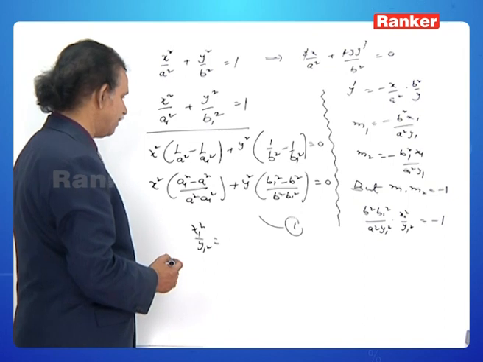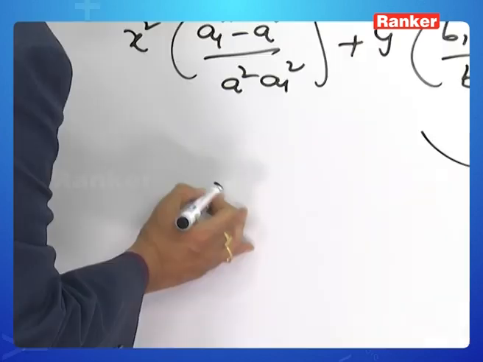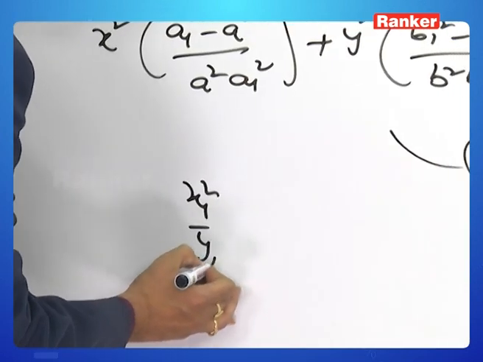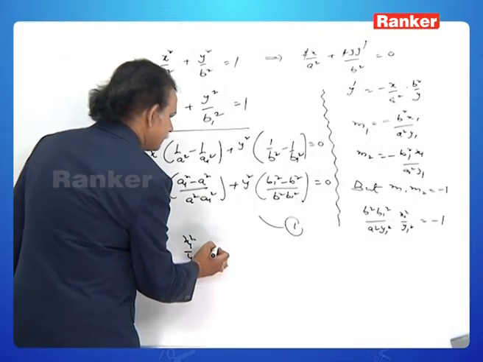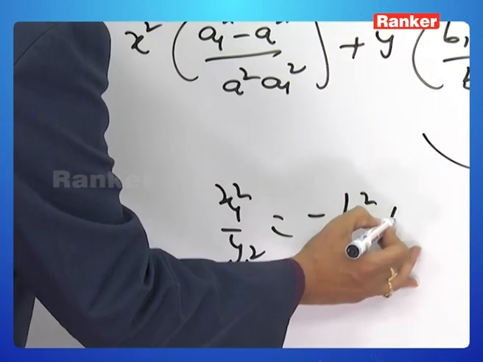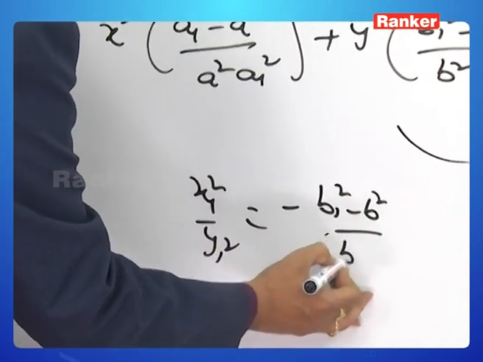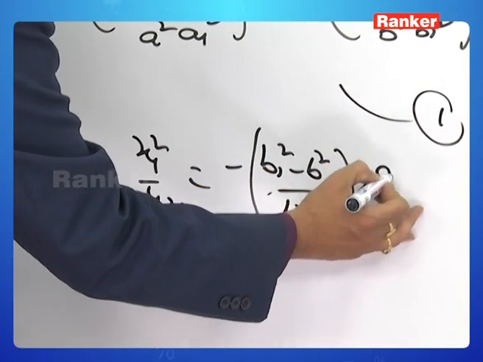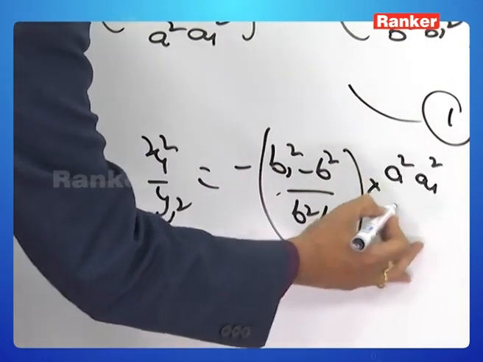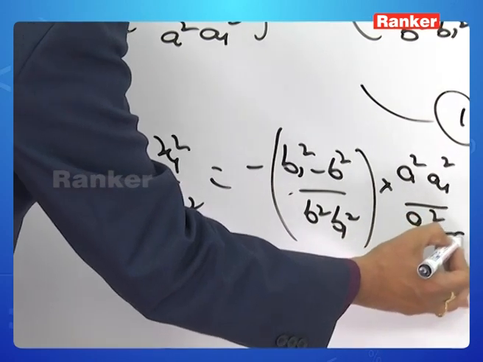What is going to happen? x1 square by y1 square is equal to minus (b1 square minus b square) by (b square b1 square) into (a square a1 square) by (a1 square minus a square), isn't it?